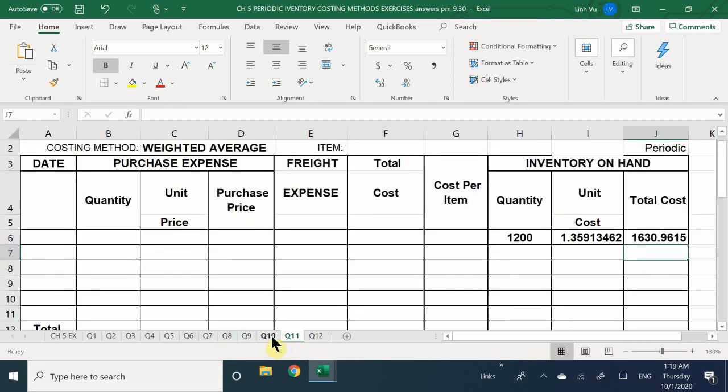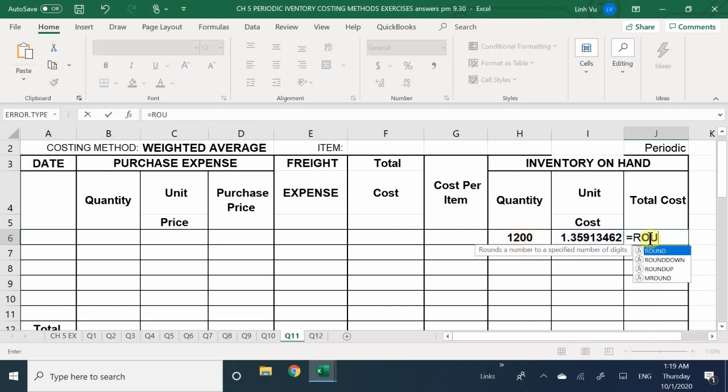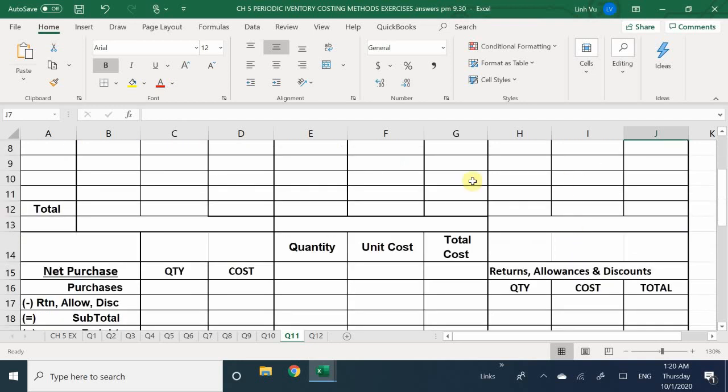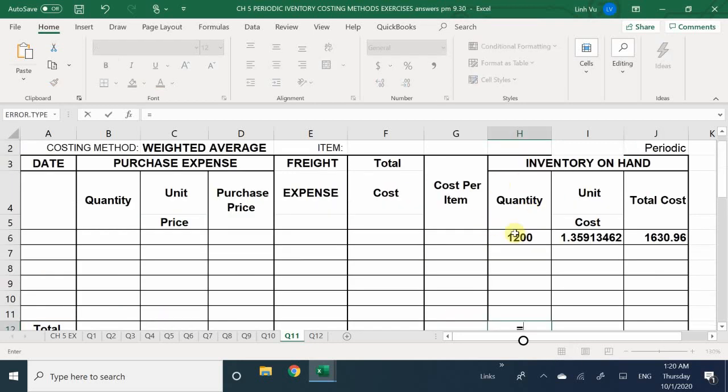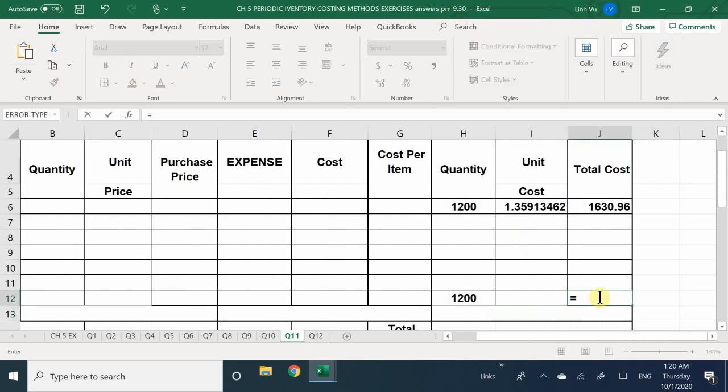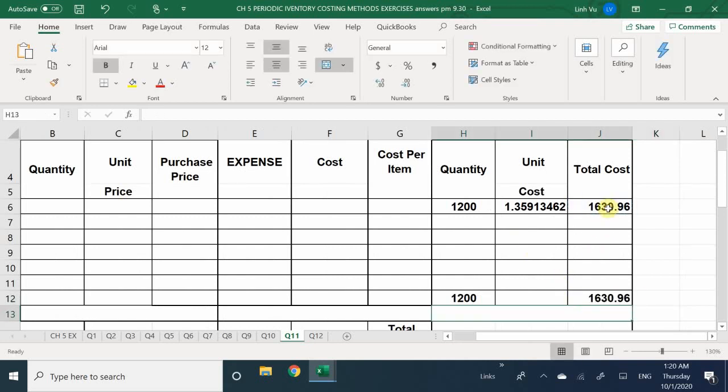But for the sake of this exercise, I'm going to also round it, so then when I add it into my calculation, it doesn't give me a far off number. So here, $1,630.96 is what I actually started off with in my beginning inventory. I'm going to copy this down, so then I know that this is my beginning inventory.